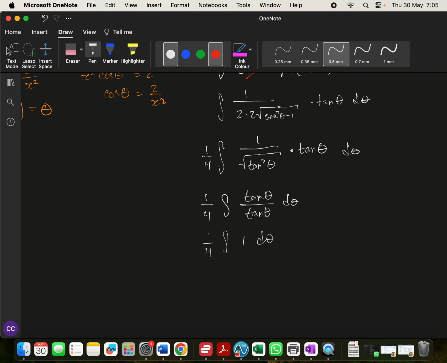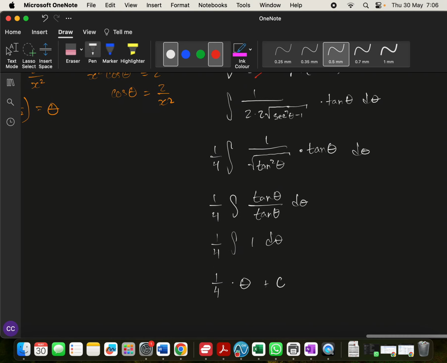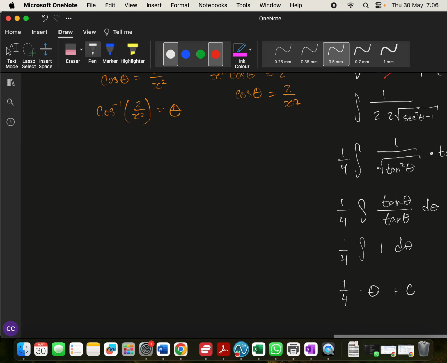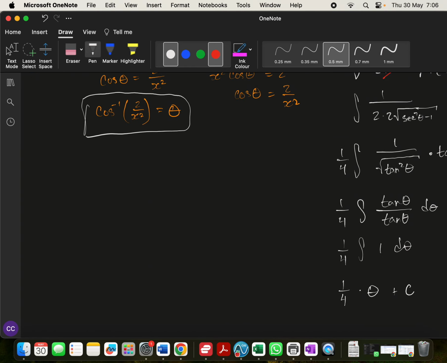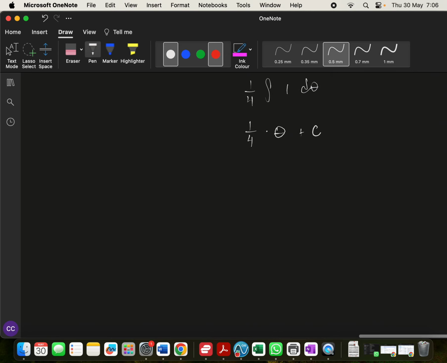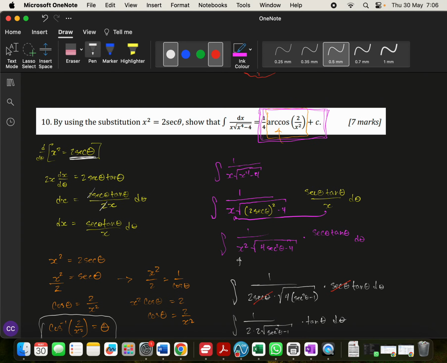Well, the integral of 1 with respect to theta would just be theta. Right, and now this is where our work from before pays off, because I have already determined that theta is that. So that's going to give me 1/4 the arc cosine of 2 over x squared plus c. And I think that was the solution required.